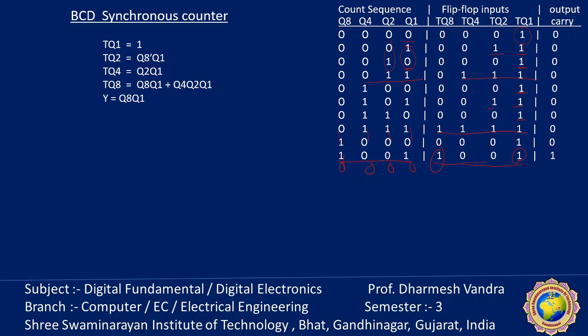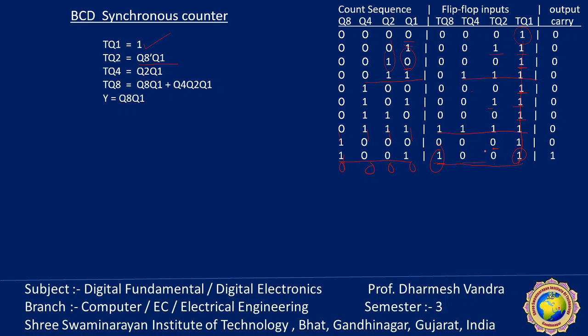So see, every time TQ1 is equal to 1, while TQ2 alternates. But when Q8 is equal to 0, at that time it is not complemented. If Q8 bar is 1, it is not complemented, else it is complemented. So we are taking Q8 bar and then Q1. These two. Okay, Q8 bar and Q1. Up to here it is Q8 bar, so this will become 0, and Q2.